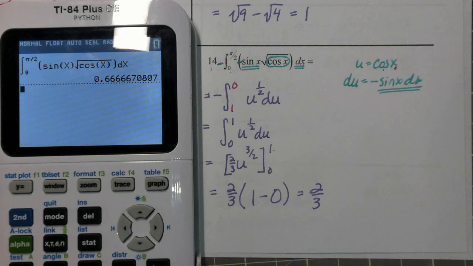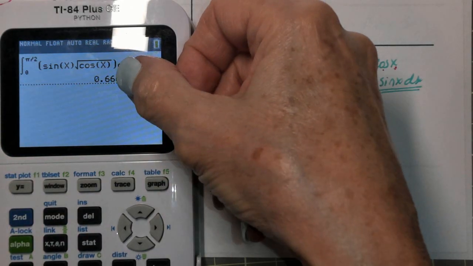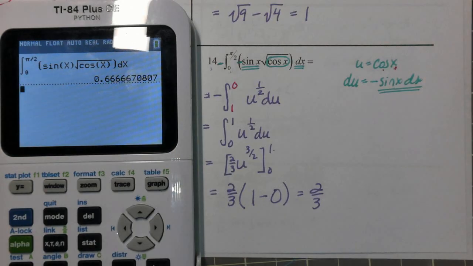So this one had a little bit larger of an error, I think, than the other one did, which I kind of expected, being trig functions in here. But you can still see the 2/3, right? And remember that's always going to be accurate to the thousandths place.